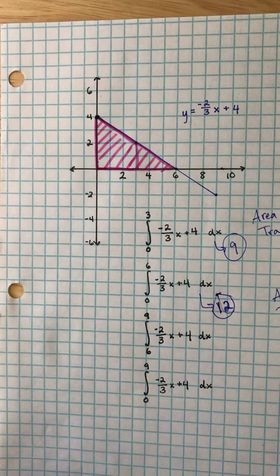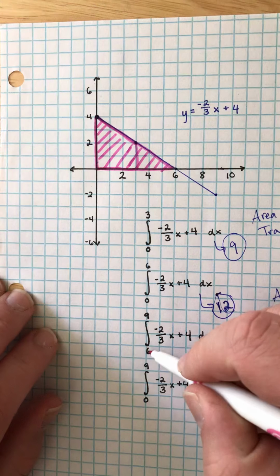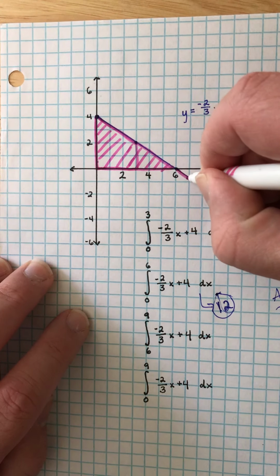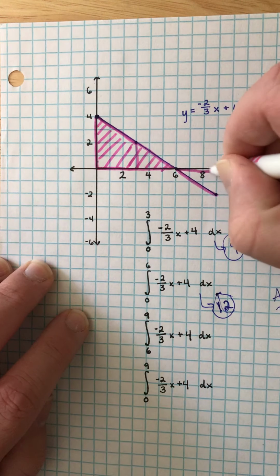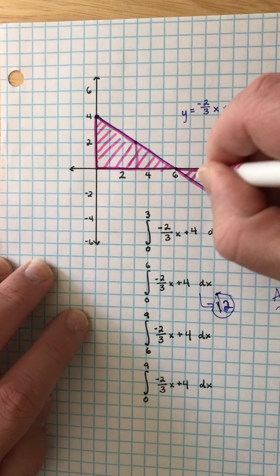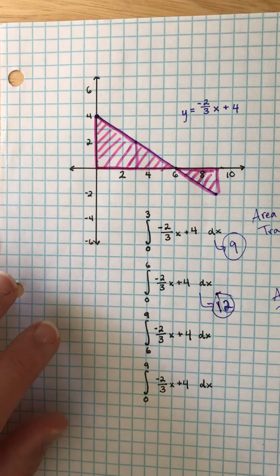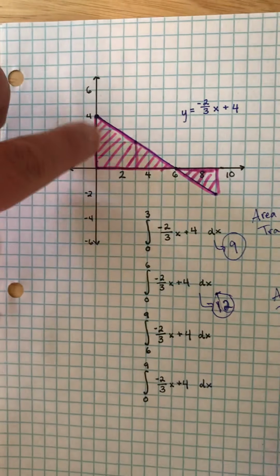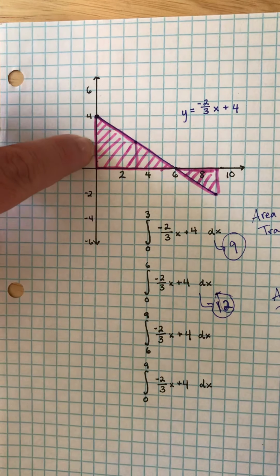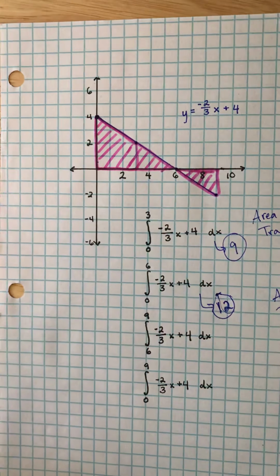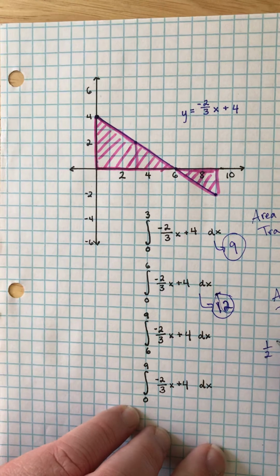The next one that I need to do goes from 6 to 9. So if I start at x equals 6, I'm going to come all the way over to x equals 9, and this is the area I look for. Now notice this is also a triangle, but unlike my triangle before, which was above the x-axis, the triangle I'm looking for now is below the x-axis. So I'm still going to use the same formula. It's still a triangle, so I'm going to do 1/2 of the base.